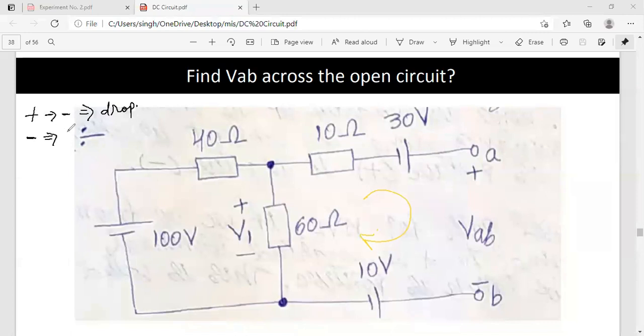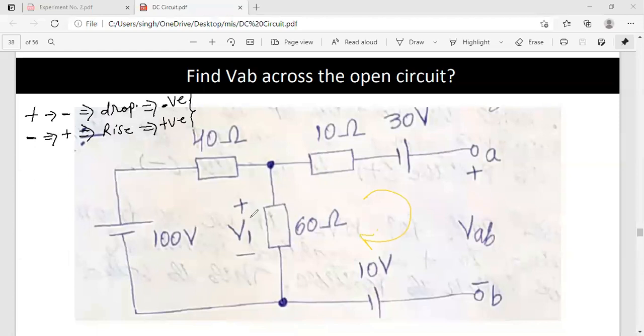Going from negative to positive means going from lower potential to higher potential, so this is a rise. Rise we always take as positive and drop we always take as negative. You have to just understand this. So when I'm going like this, this is going from minus to plus, so minus to plus is a rise, so this is positive.